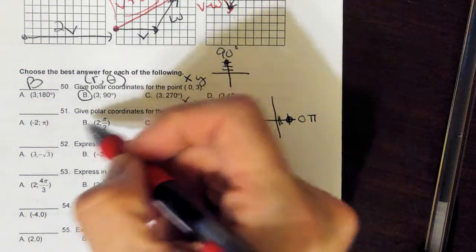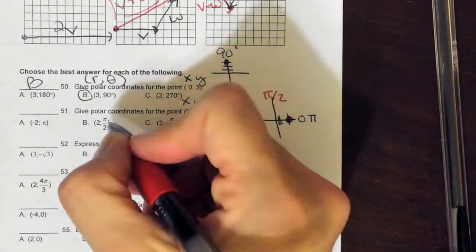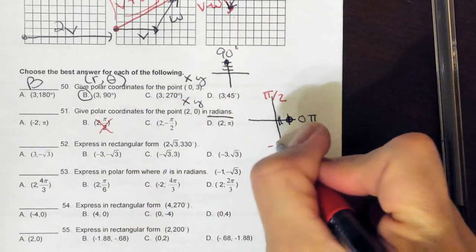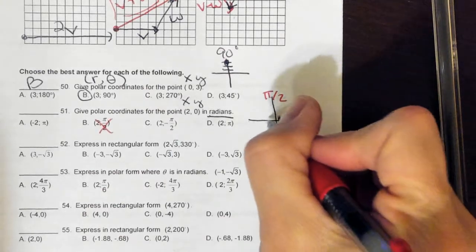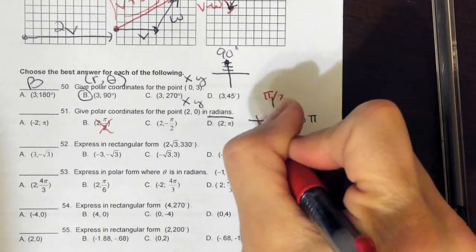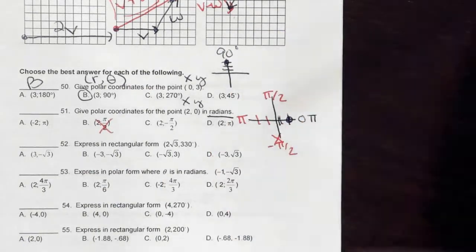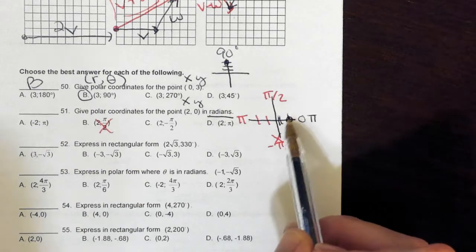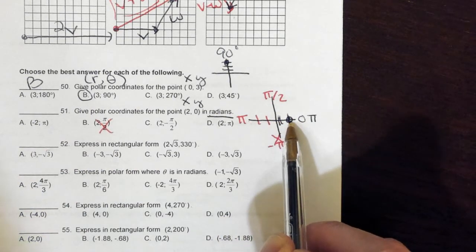So first of all, positive pi over 2 would be up here. So that's not it. Can't be that one. Negative pi over 2 would be down here. So it can't be that one. Which must mean they're over here at pi. So I have to decide, is this point right here 2 towards pi or 2 away from pi?